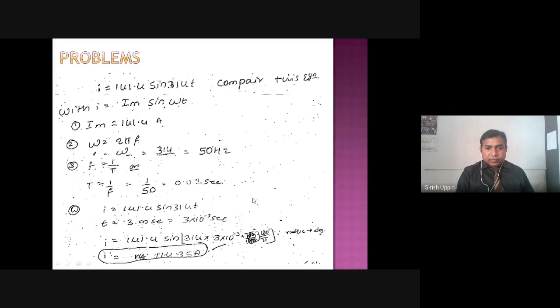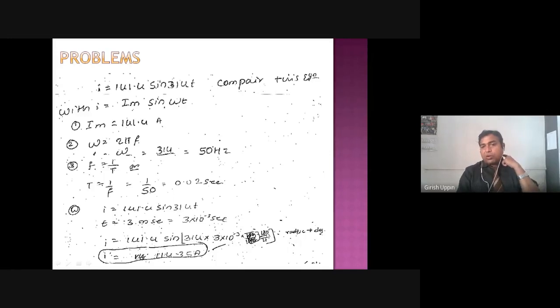Okay. Then what is the instantaneous value of the current at 3 millisecond? Substitute t is equal to 3 millisecond in this equation. So I is equal to 141.4 into sine of 314 into 10 raised to minus 3.